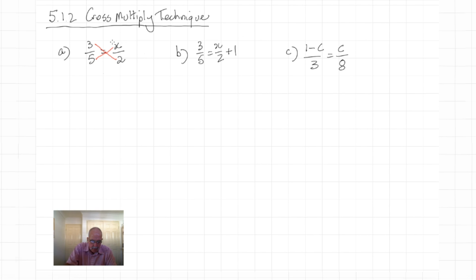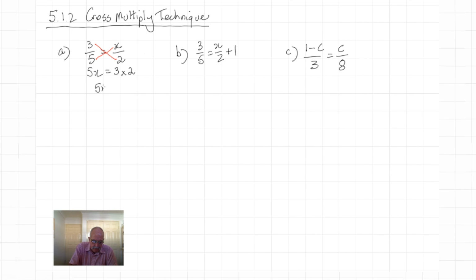Now we are trying to find this x up here that'll make that true. So if we want to pick up the x, we will do that diagonal from the 5 up rather than the 3 down. So 5 times x is 5x. Bring the equals under equals, and then we do the other arm, 3 times 2, which we all know is 6.